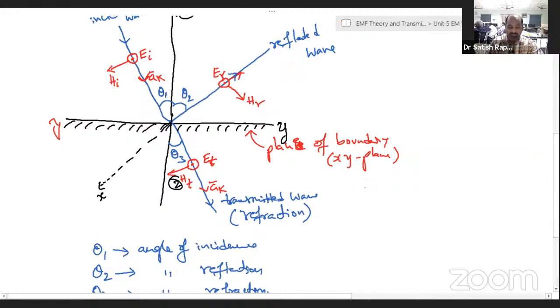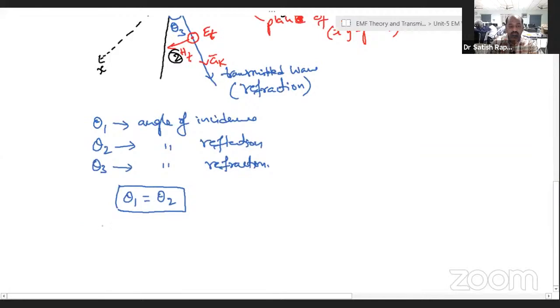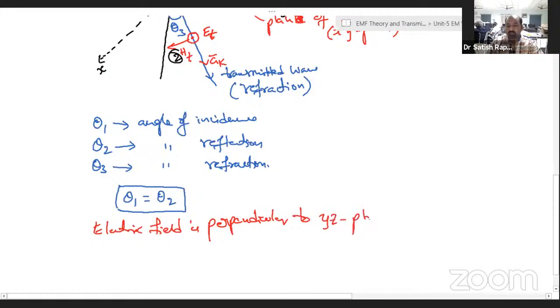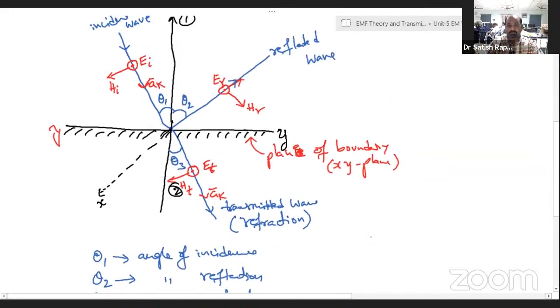The electric field is perpendicular to the yz plane, and the electric field is horizontal to the xy plane, right?